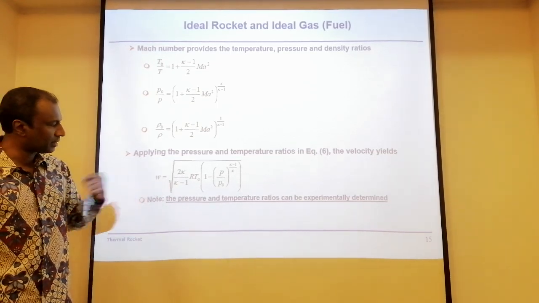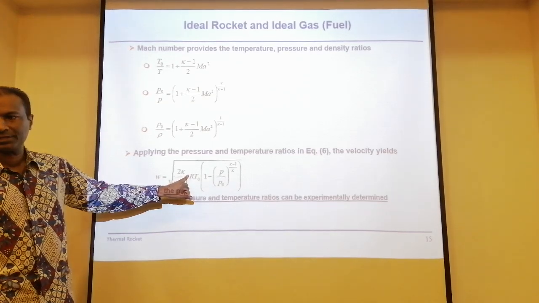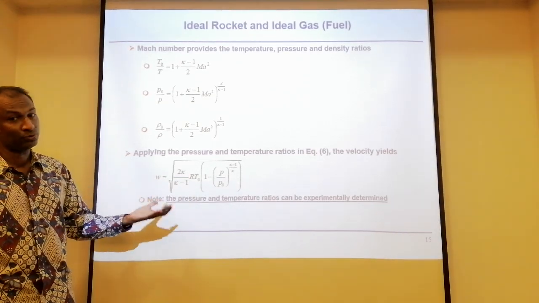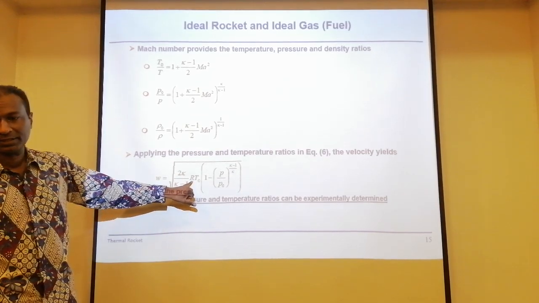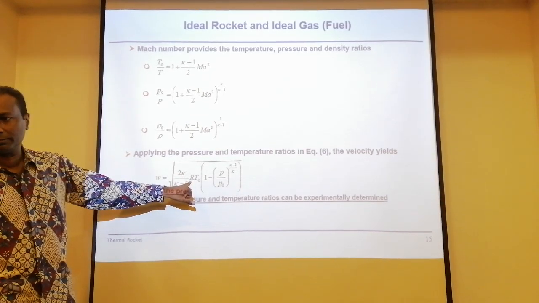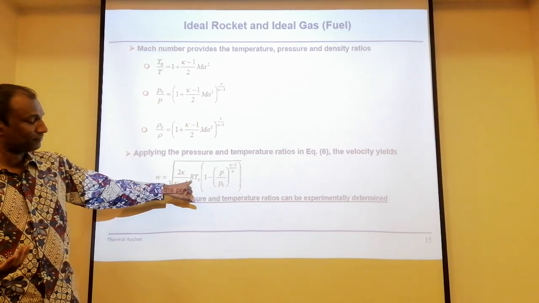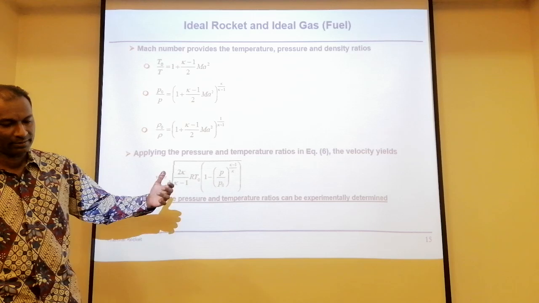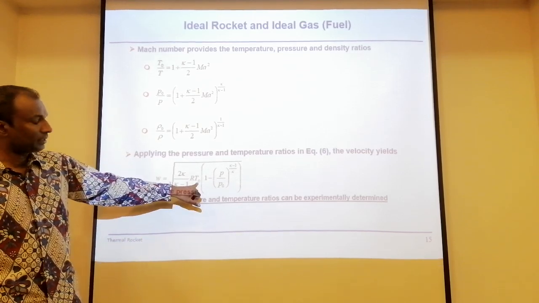Now, if you look at these parameters, can we know the kappa? Kappa is Cp over Cv. Yes, you know what fuel you are using, so you should be able to tell me. This is basically the gas constant of the particular gas involved. Let's say for air, but this is not going to be air, this is the gas constant.